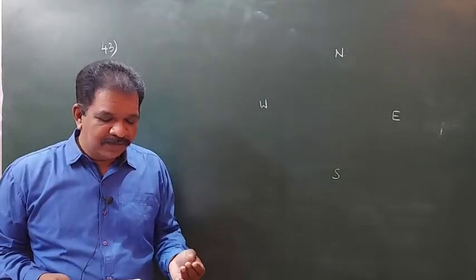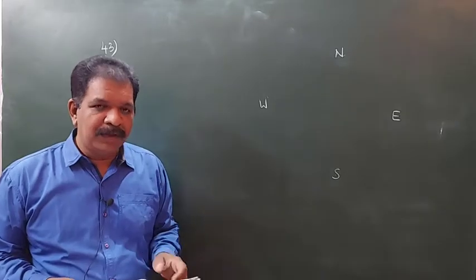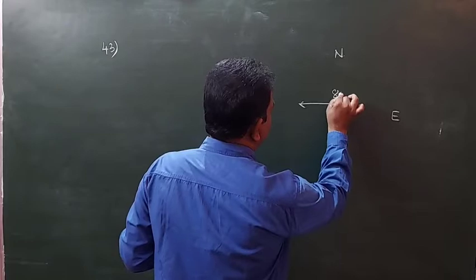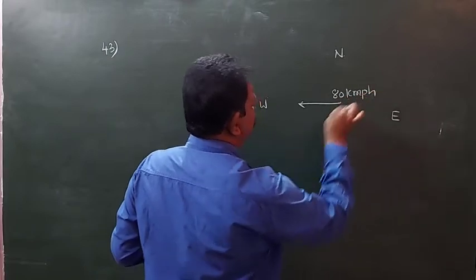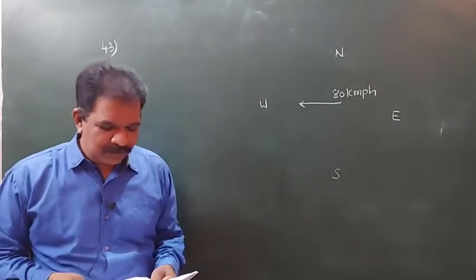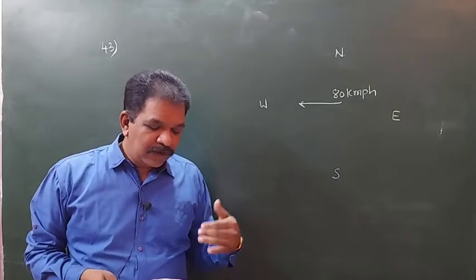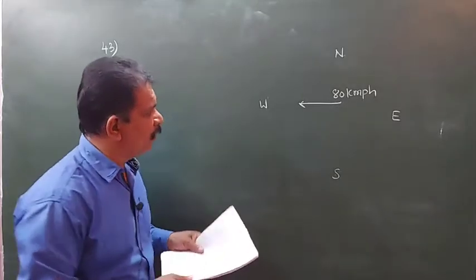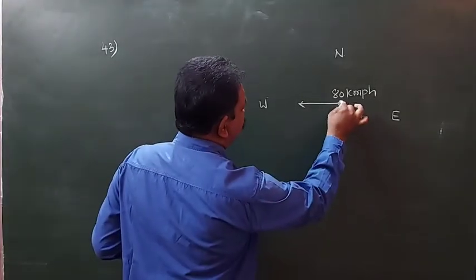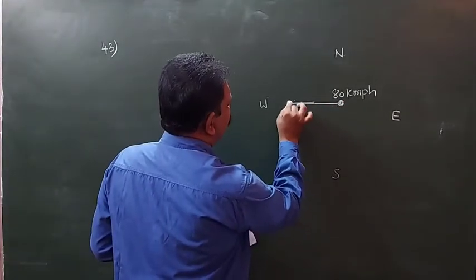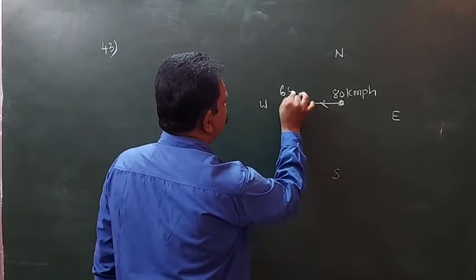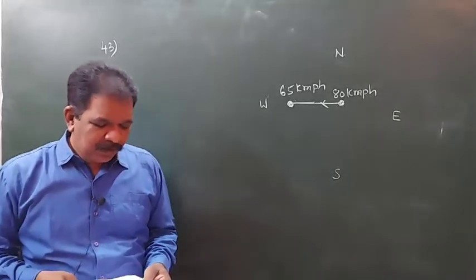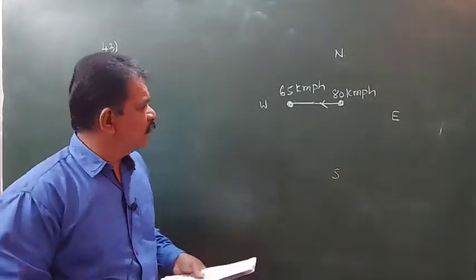This is the velocity, this value will be 80 kmph. 1.5 hours later, its velocity is 65 kmph. For example, here 80. After 1.5 hour, its velocity becomes 65 kmph, that is also along the west.